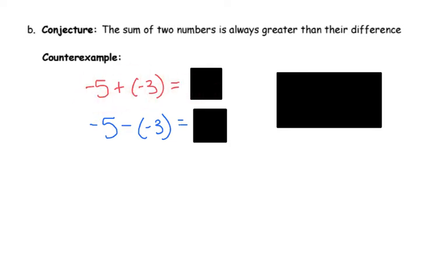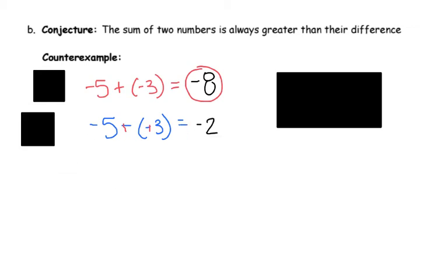When we add negative 5 plus negative 3, we get negative 8. Now, let's actually do the difference of them. So, in other words, negative 5 minus negative 3. Well, if you know your rules, minus a negative actually turns it into a positive. So we actually have negative 5 plus positive 3, and that gives us negative 2.